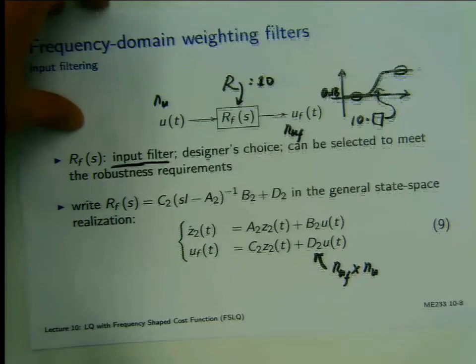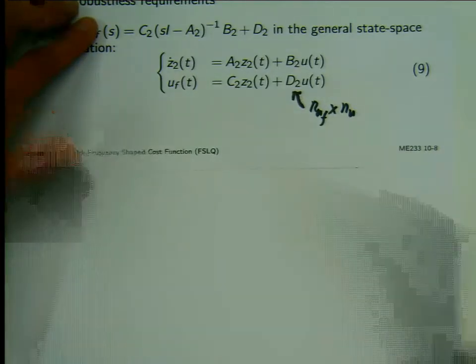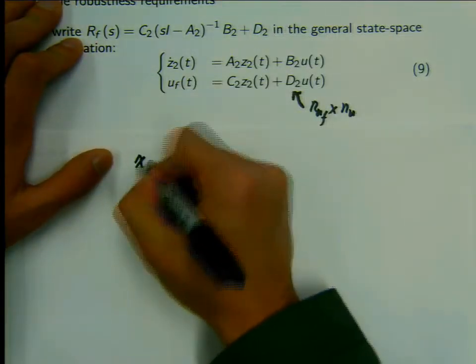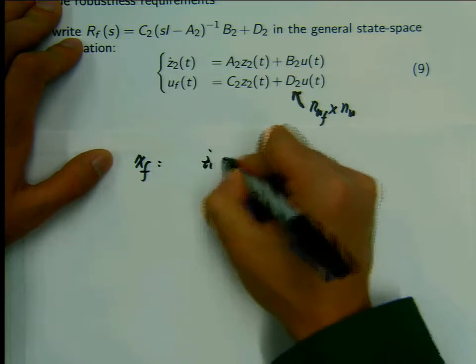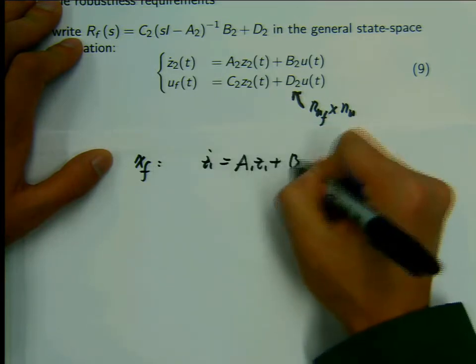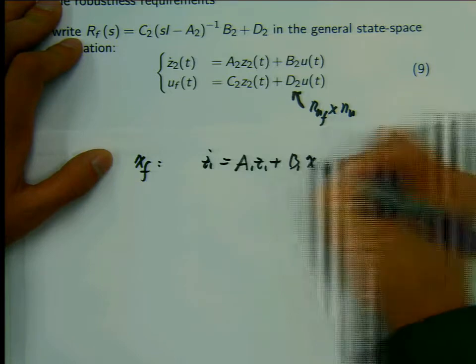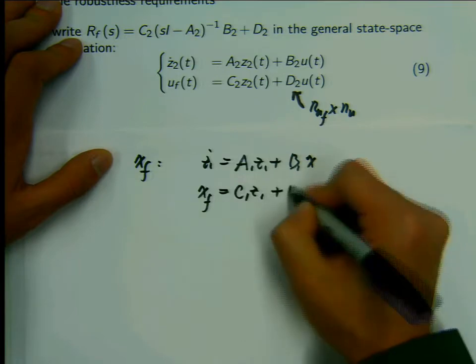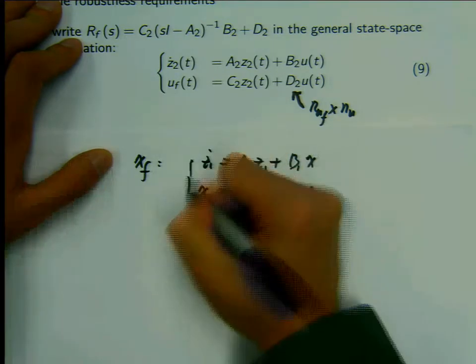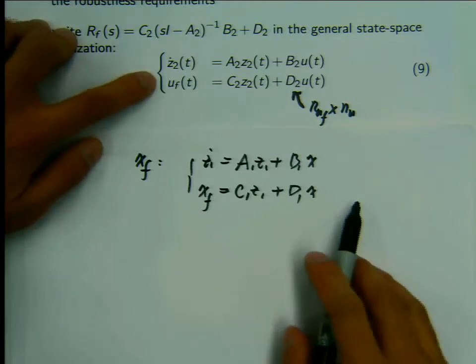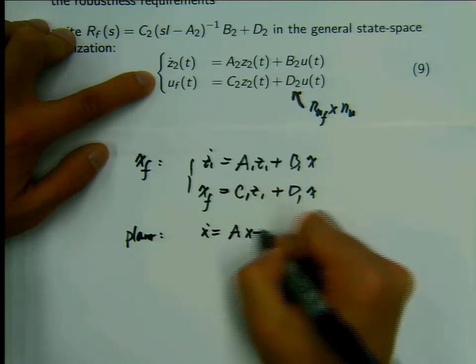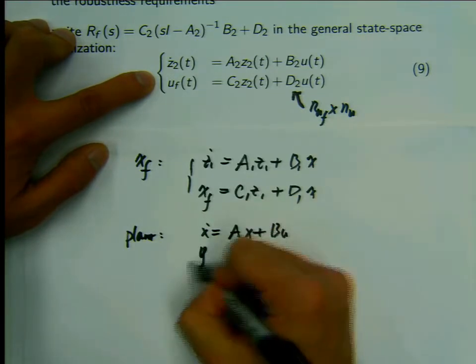Okay? So in summary, let me write the results we have obtained. For the state filter XF, we have Z1 dot equals A1 Z1 plus B1 X, and then XF equals C1 Z1 plus D1 X. And then we have the filter for UF. We have also the original plant, X dot equals AX plus BU, Y equals CX.